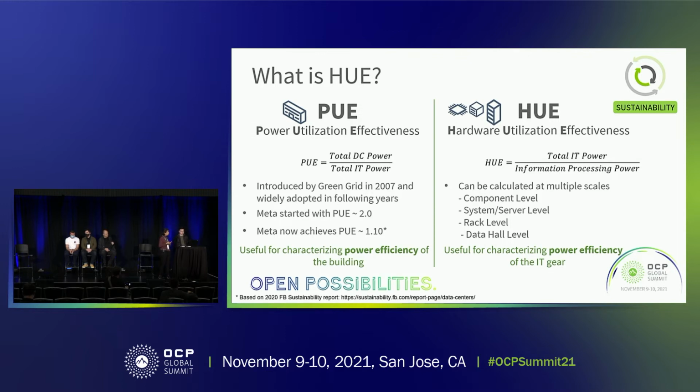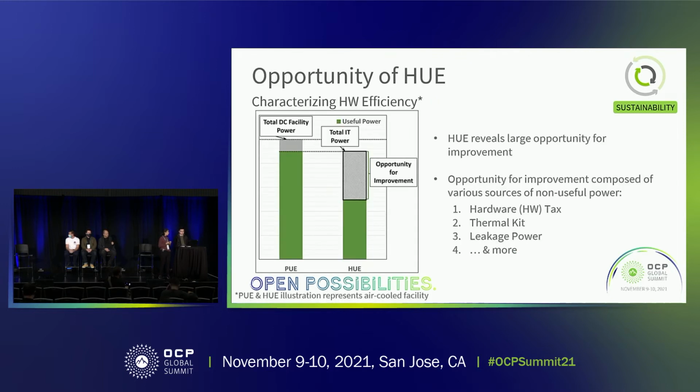Let's talk a little bit about what exactly we can get from HUE, or what the opportunity of HUE is. If we look at the figure here, you can see the line graph that gives us the PUE. You can see the total DC power marked at the very top, and the green section represents the total IT power. The total IT power also maps to the height of the line graph which shows the HUE. The green section again represents the actual useful power, the power that is being used to flip bits, or the information processing power.